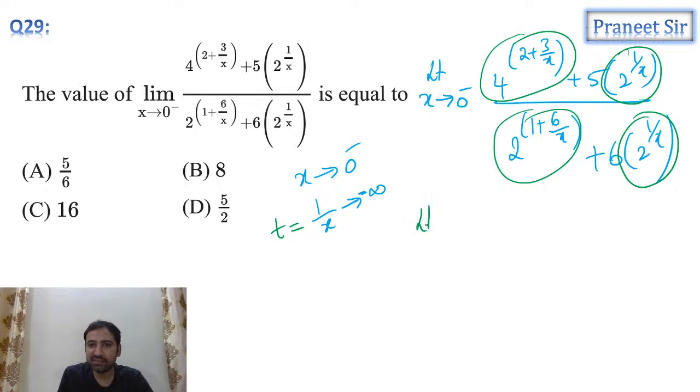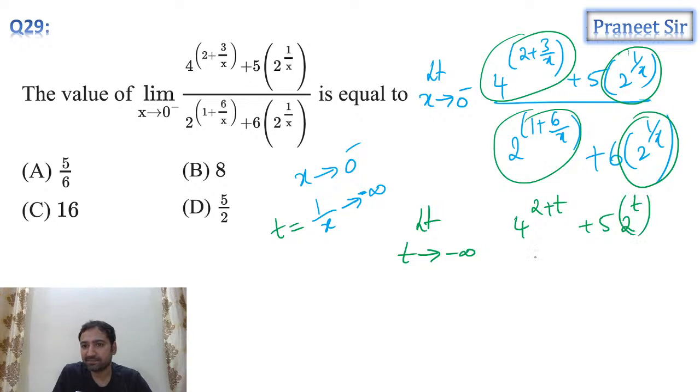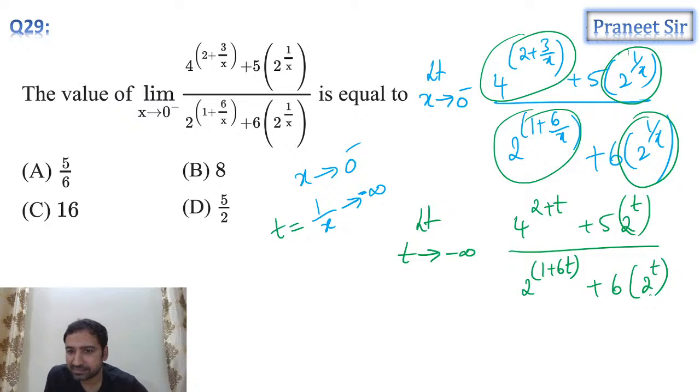In that case, limit is coming as t tending to minus infinite, 4 power 2 plus t plus 5 into 2 power t by 2 power 1 plus 6t plus 6 times 2 power t. That's what we're getting.